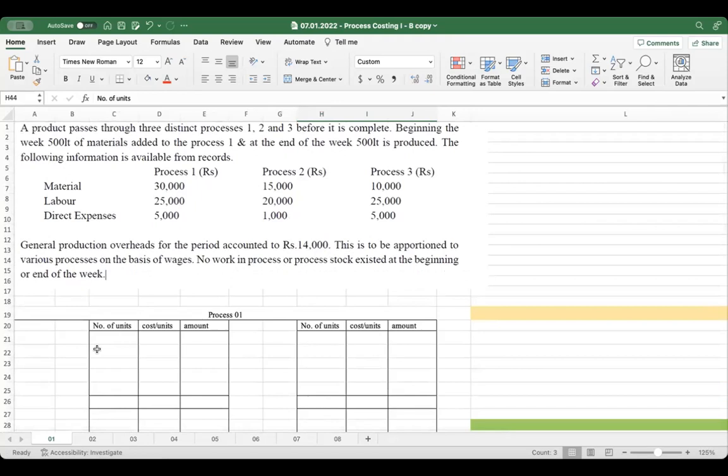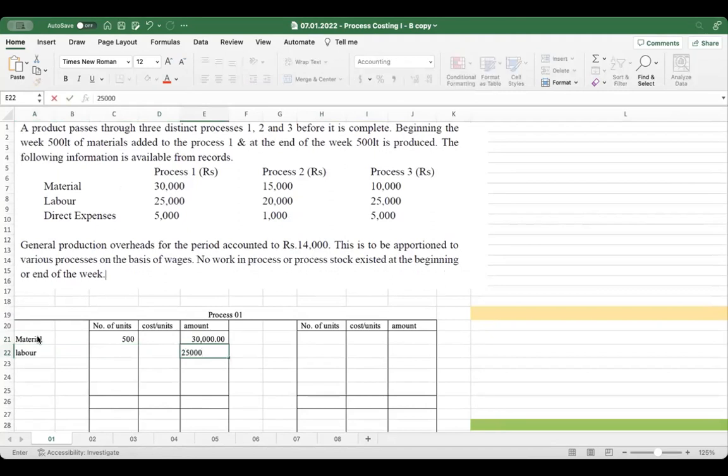Now for process one, we have material, labor, direct expenses, right? Material, how much? They say 500 liters, 30,000 material, right? Then labor, how much? 25,000.